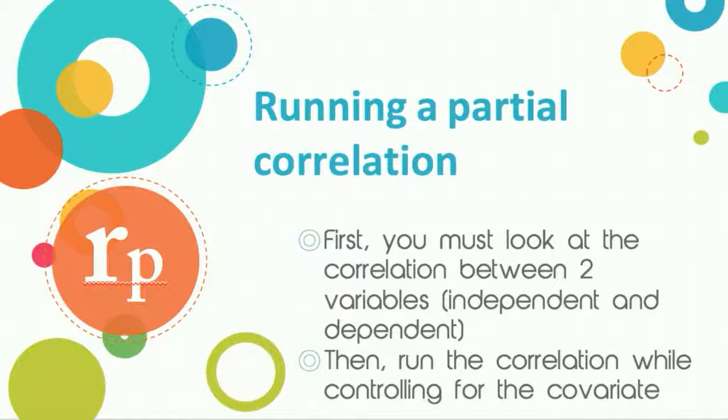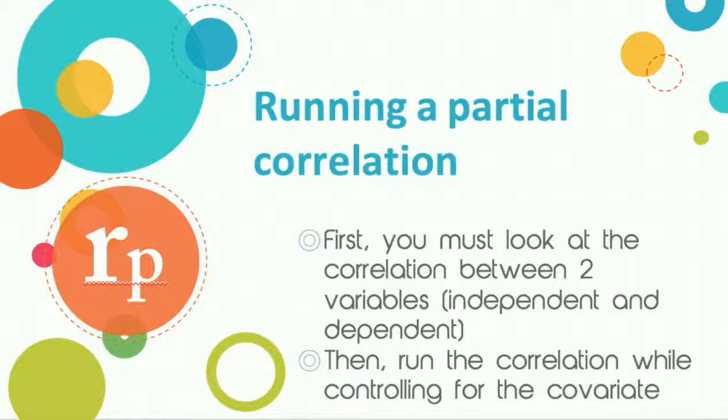So when you run a partial correlation, it is different than the point biserial, because you actually have to do two different situations. First, you just need to run the correlation between your two variables that are the independent and the dependent.